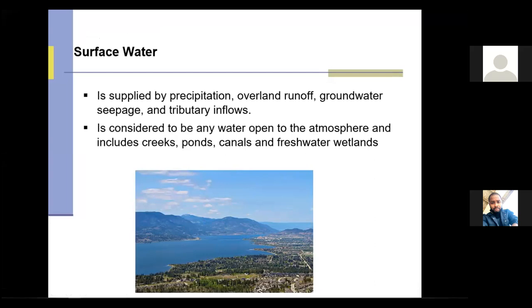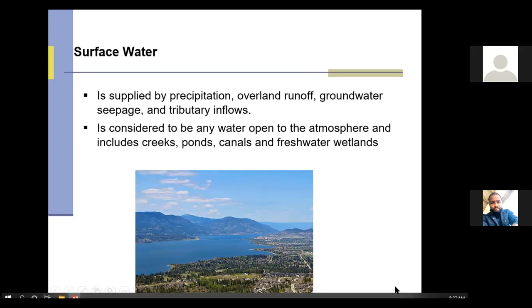I take water from both this lake, which is Lake Okanagan, and I also get it from a creek as well. So I have two sources of water. Again, most of this comes from snow melt from those mountains you see in the background.